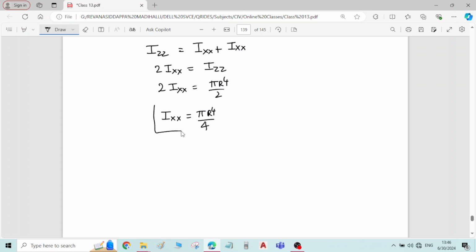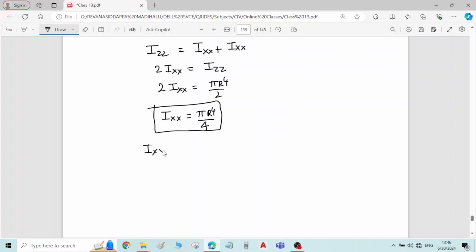This is the final expression for Ixx, in terms of radius. In terms of diameter you can also obtain the equation, where r is nothing but diameter by 2, d by 2, to the power of 4. Let me write below the formula only.